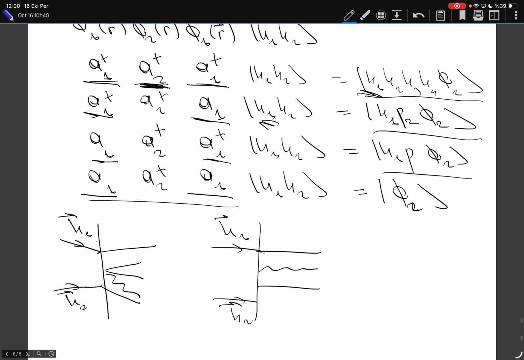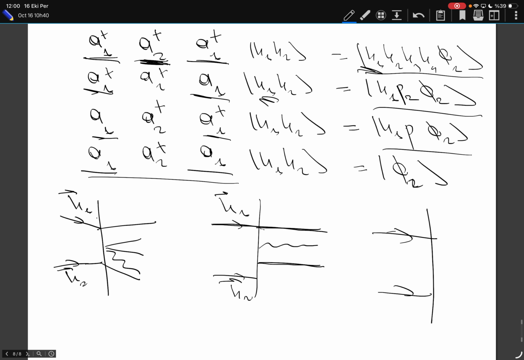This term, basically the same thing. Again, one of the particles remains as it is. The other one disappears, but some other one appears, and the phi 2 field appears. In the third one, K1 and K2 will arrive. Both of them disappear, and I have a single particle.